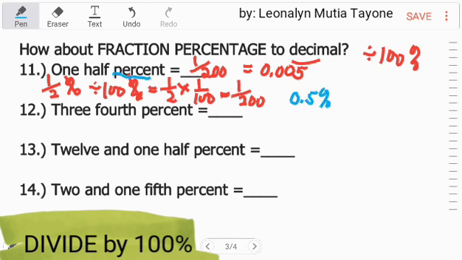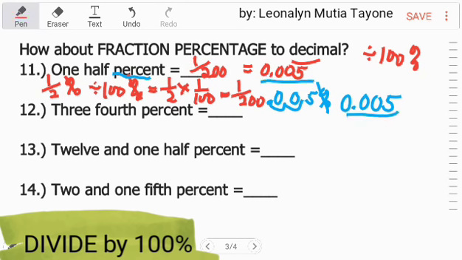So, ang 1/2% ay pareho lang sa 0.5%. So, paano tayo mag-cancel out ng percentage? Mag-move tayo ng decimal to the left side. 1, 2. So, nandito na yung decimal niya. I-cancel out na si percent sign. So, it is 0.005. So, ito na yung sagot dyan.